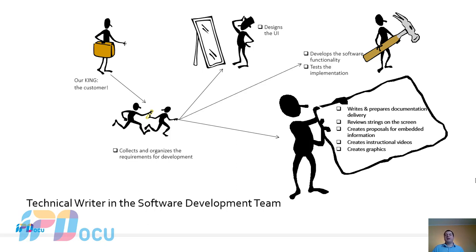And here is our technical writer. The technical writer is involved in the team in writing and preparing the documentation deliverable. He helps the user interface developers and the usability experts by reviewing and proposing different texts that should appear on the screen.